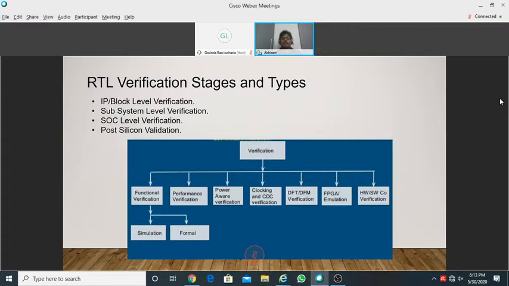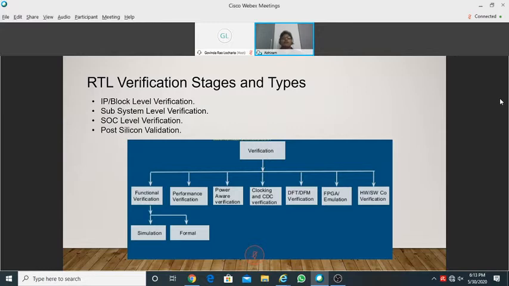Now we are doing this many verifications, but all these are basically our simulation models, which run a bit slow, and we want to accelerate them. So the last two steps, FPGA prototyping or emulation, and hardware software co-verification, are where we accelerate our current verification methodologies using complex processors, called complex boxes.